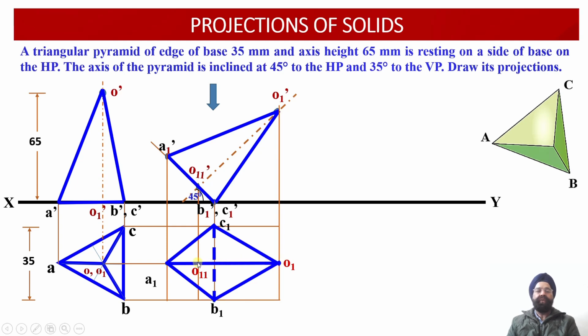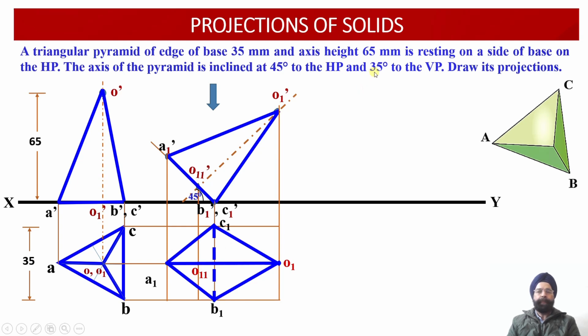Why? Because the axis O1 dash O11 dash is inclined at 45 degrees with respect to the horizontal plane, so its top view projection will be the apparent length projection of the axis.